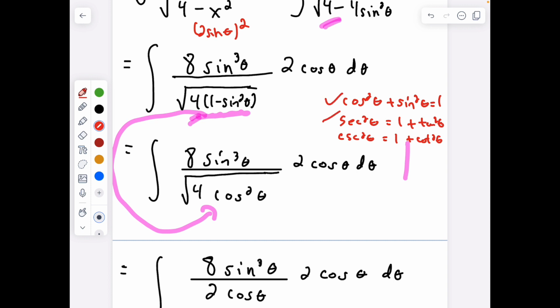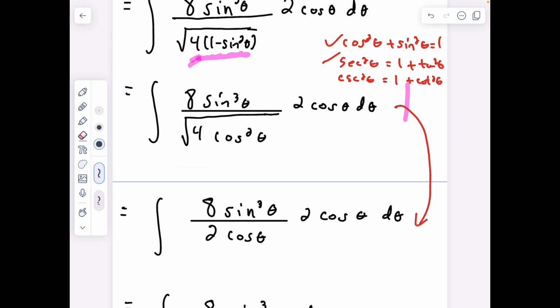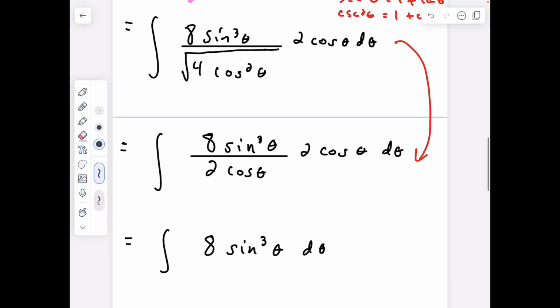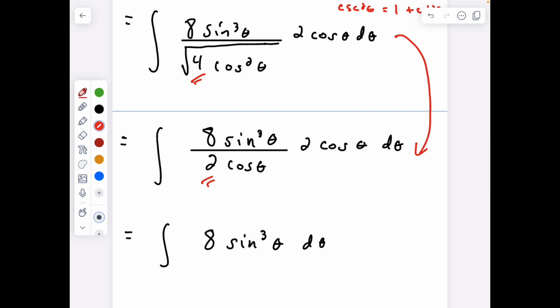Anyways, so we have that identity, and what I did on this line going from here to here. Now let me erase all this stuff. Is I went ahead and took the square root of 4, which is 2, and you have a 2 cosine theta.